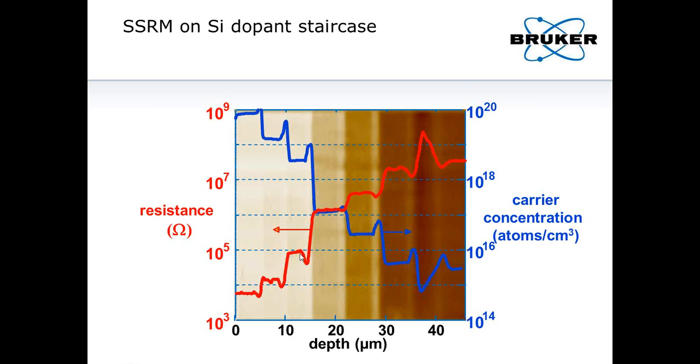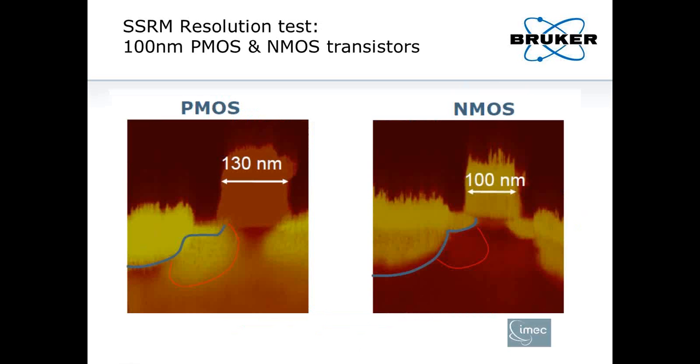So you can see the resistance has a linear relationship with the doping density, and from here you can see different doping profiles of the sample, and that will be useful for electronic devices.